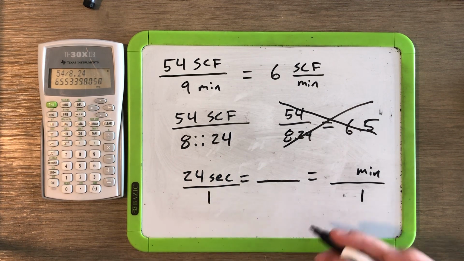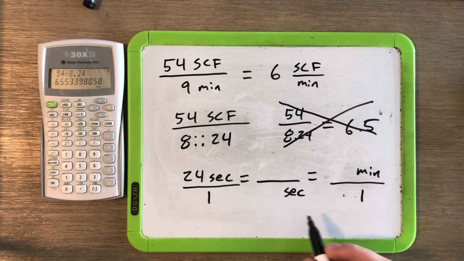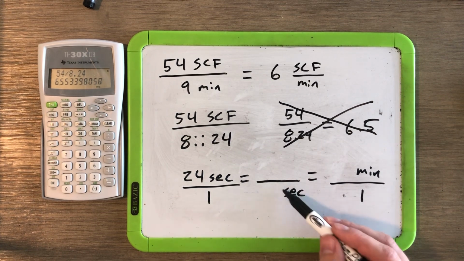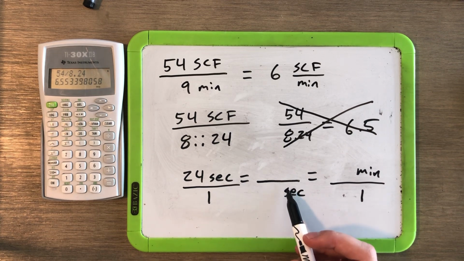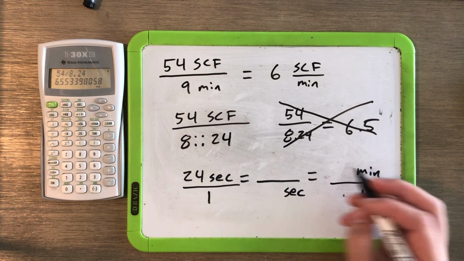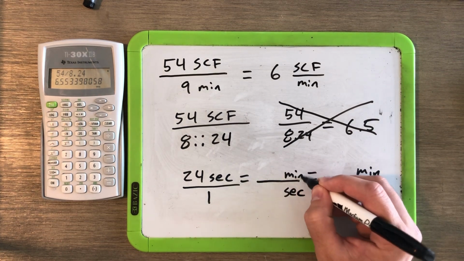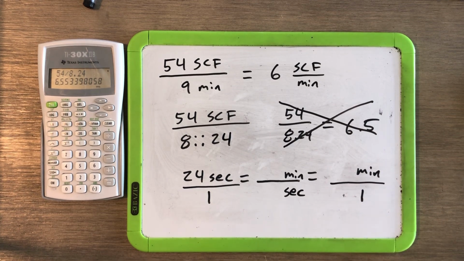So to do that, we need to put something in the denominator over here. So we'll do seconds. That way these will cancel each other out, and then we'll be left with a unitless measurement. Because we need a unit in our measure, we need to add one. So we're going to do minutes. And that way our final answer will be in minutes. All right?